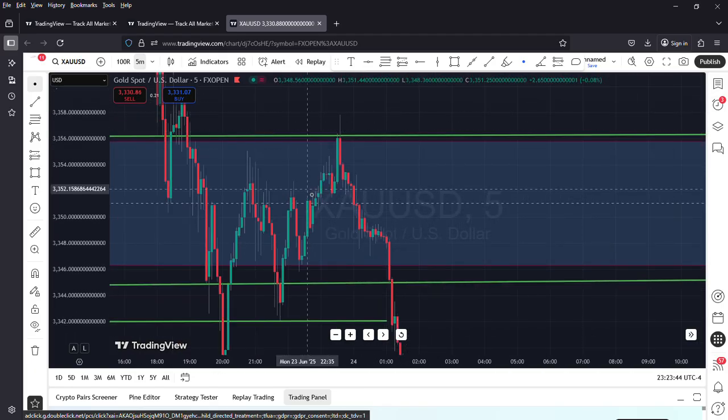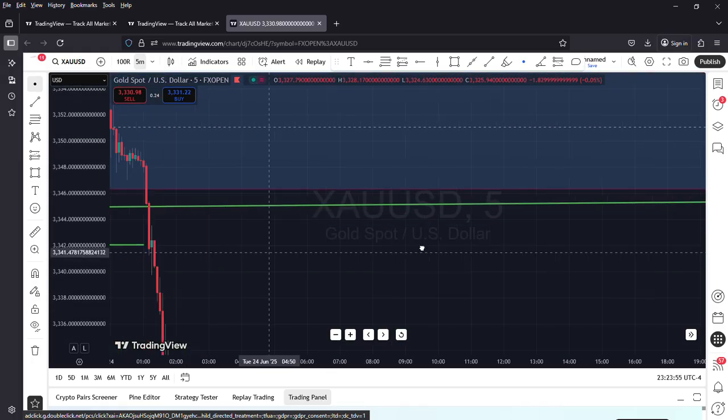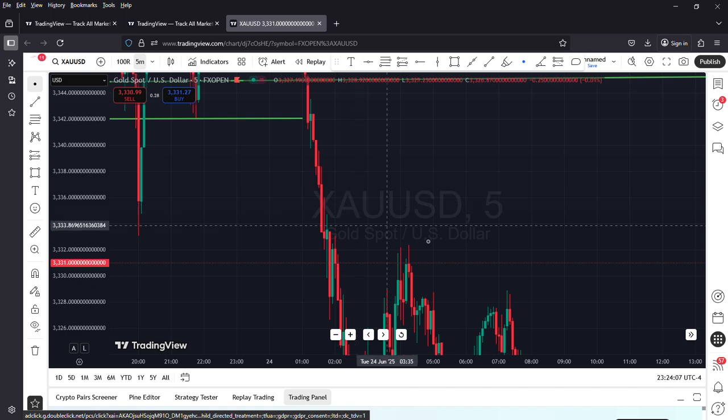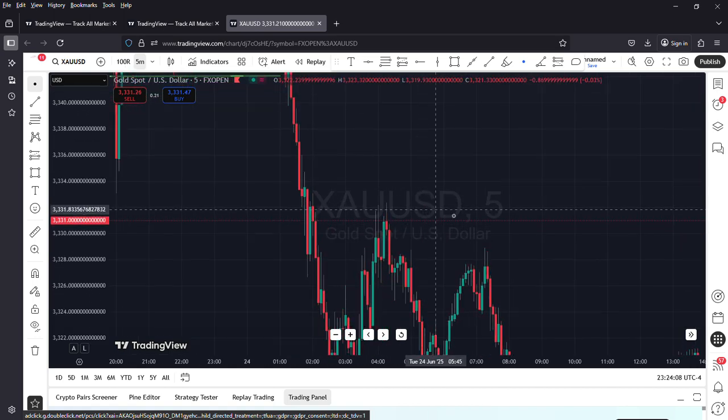Now in 5 minutes, you can see that the market came, tapped and rejected. So this area now is where we are looking for the market to come. You can see that the market did not have any obstacle here, so the market must push back. No obstacle that can hinder the price from going to the upside.